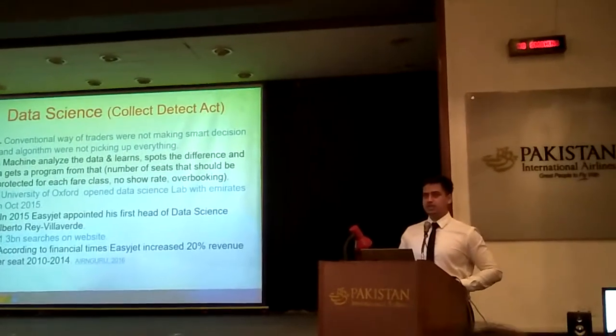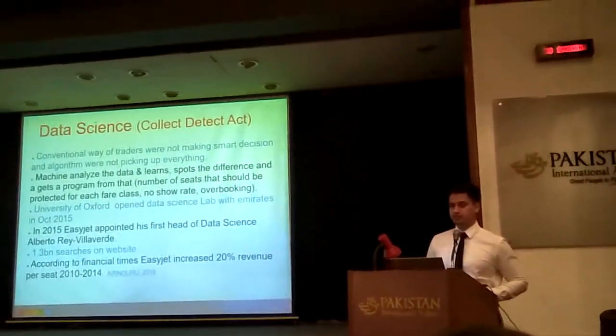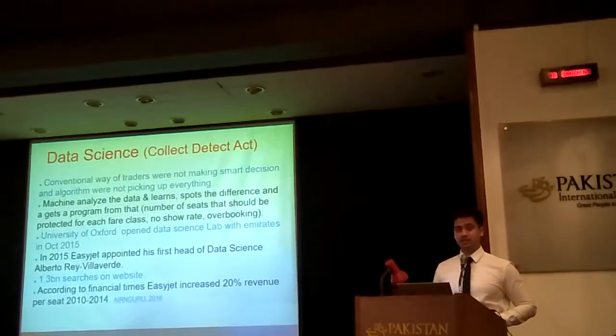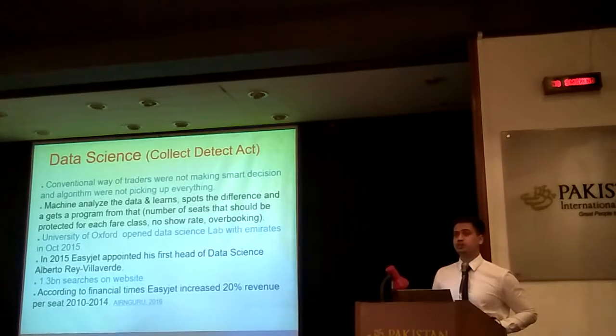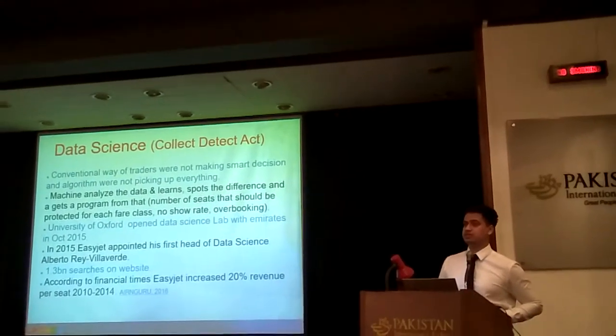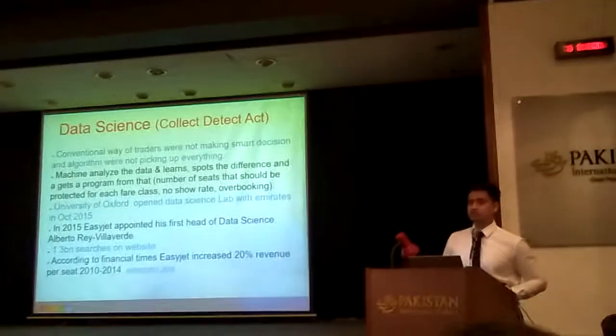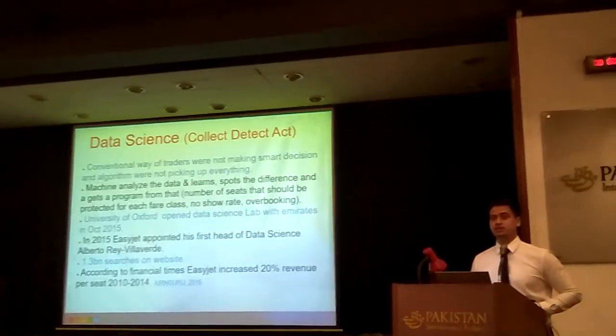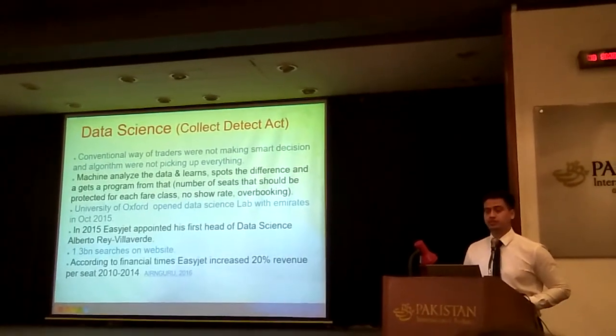Because of this data science implemented in the revenue department of EasyJet, according to the Financial Times, EasyJet increased revenue per seat by 20% from 2010 till 2015. That's how effective data science is to revenue management.